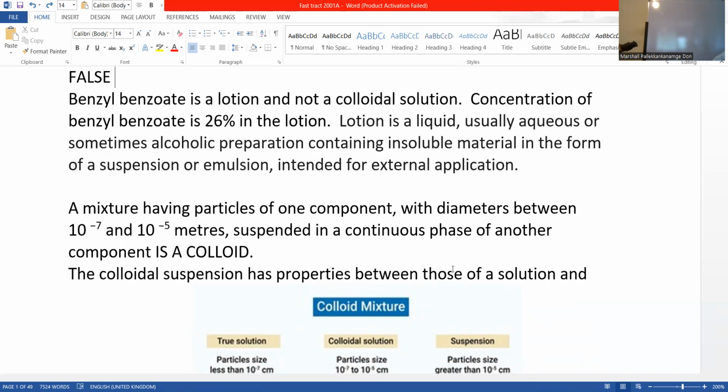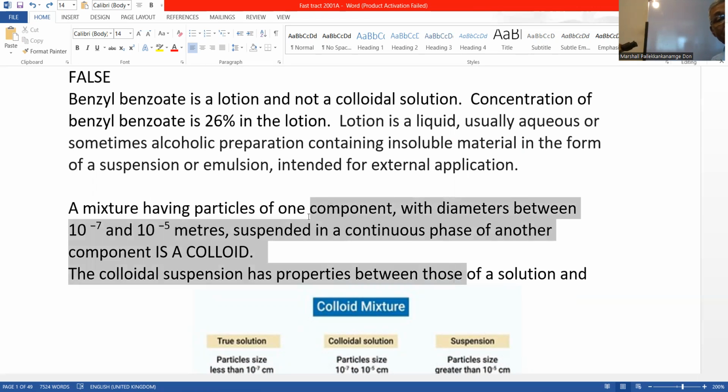Now we can see solutions, we can see suspensions. Obviously, we know suspensions are not transparent. You can't see through it. Solutions, you can see through. The particle size is the important thing.